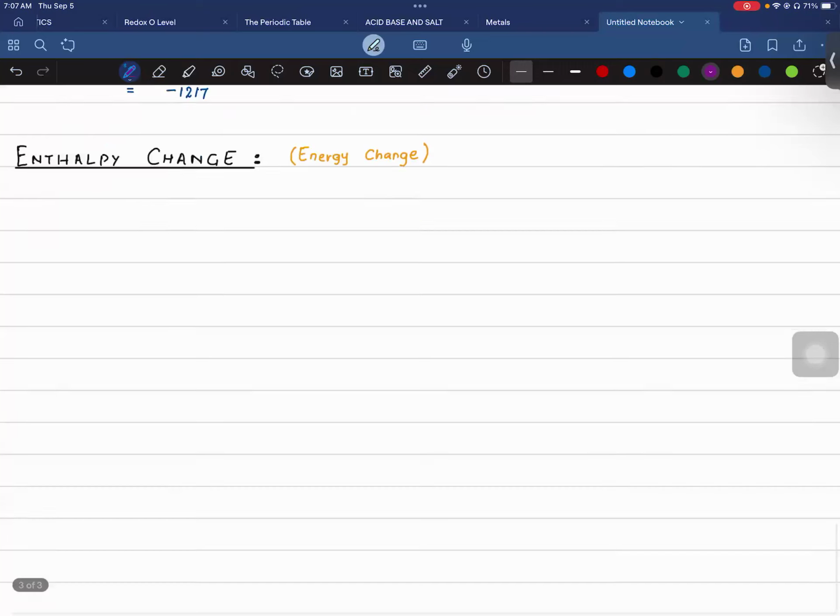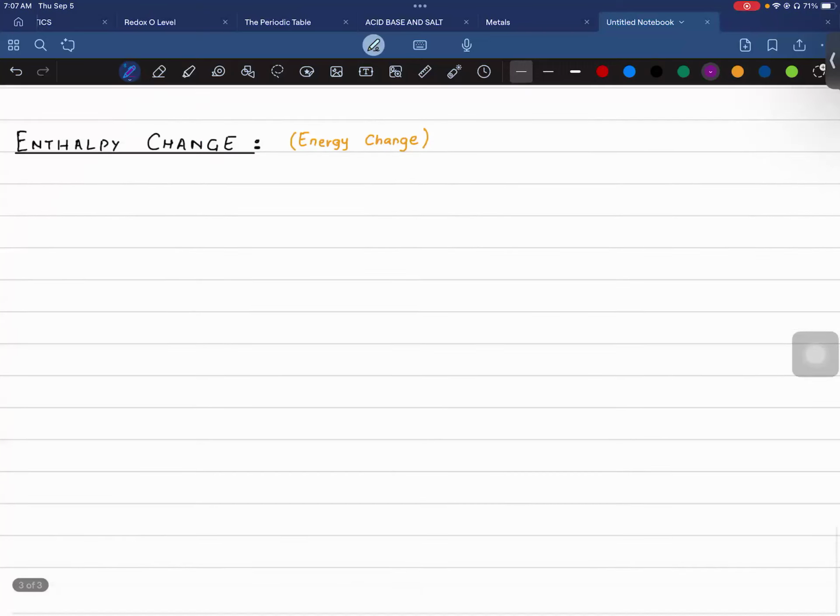Enthalpy change means that in any chemical reaction we have reactants and we have products. We are supposed to break the bonds on the reactant side, and make new bonds on the product side. So there would be an overall energy change, obviously. That would be called enthalpy change.